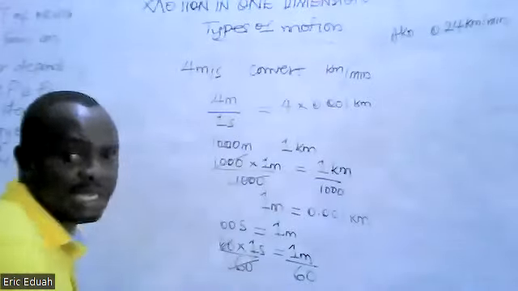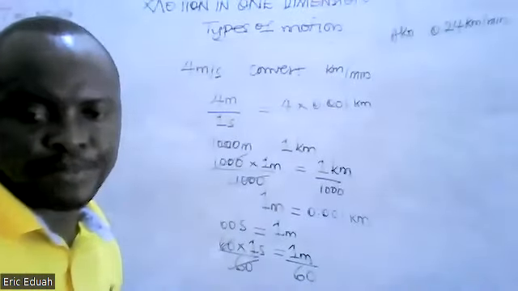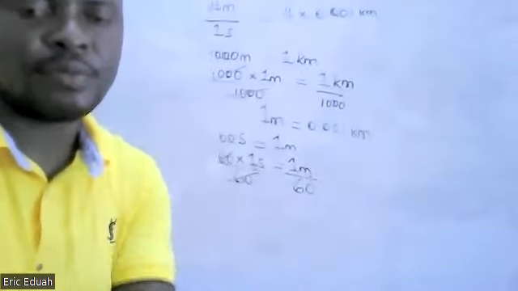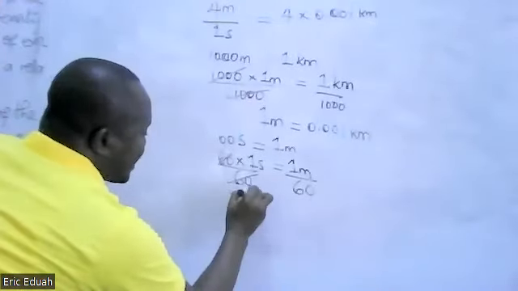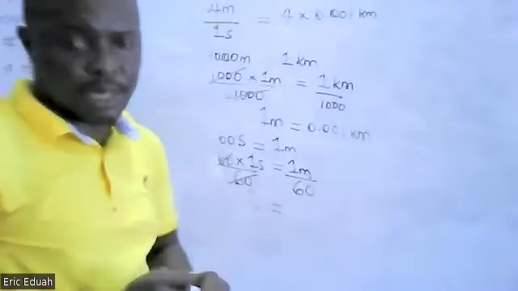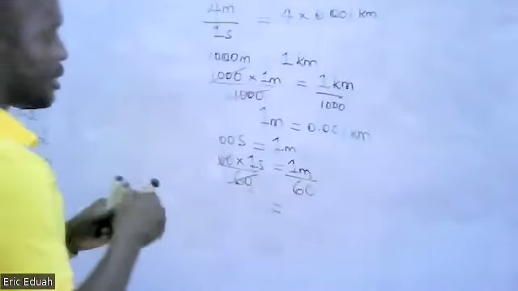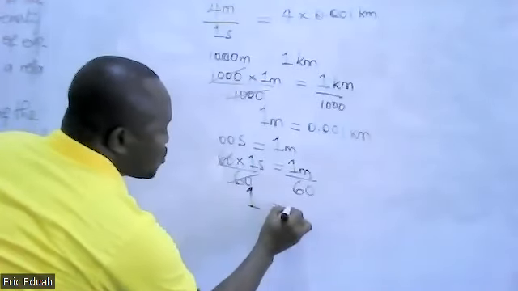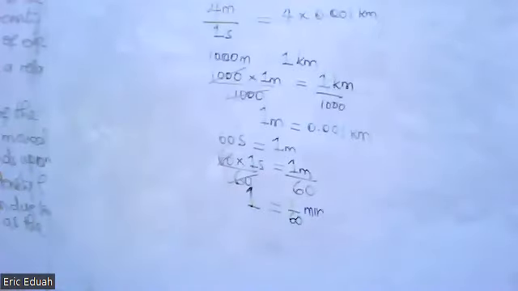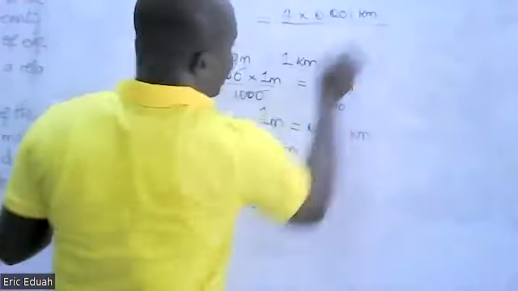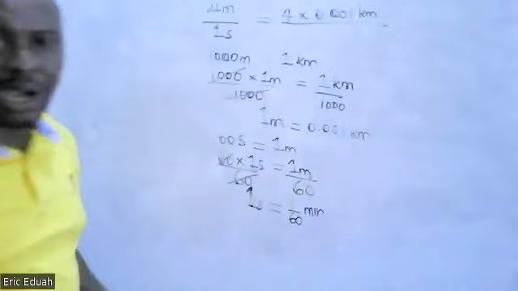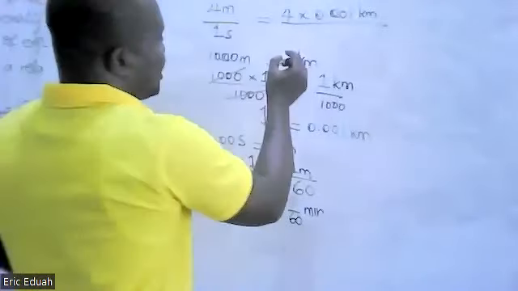So it therefore means that 1 second is equal to 1 over 60 minutes. Okay, so we found 1 second in minutes. And what is 1 divided by 60? Do that for me.